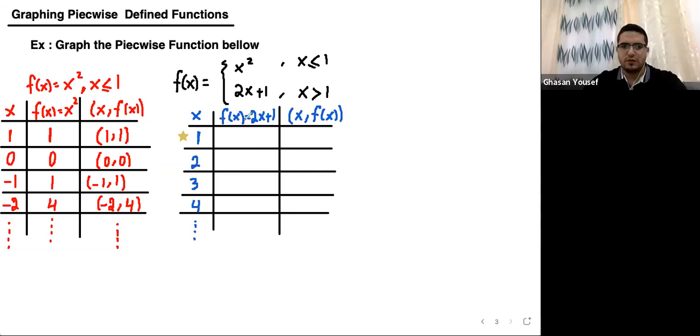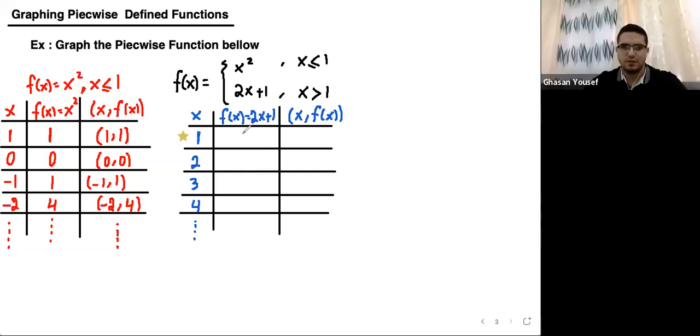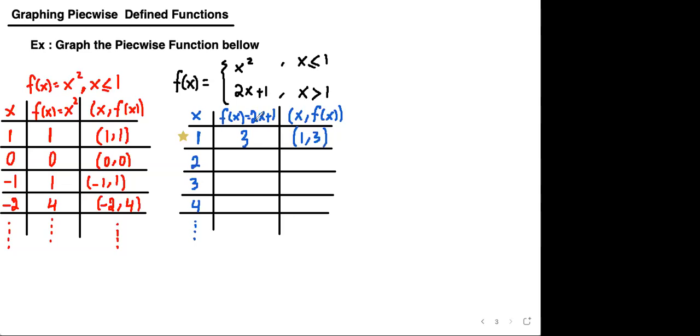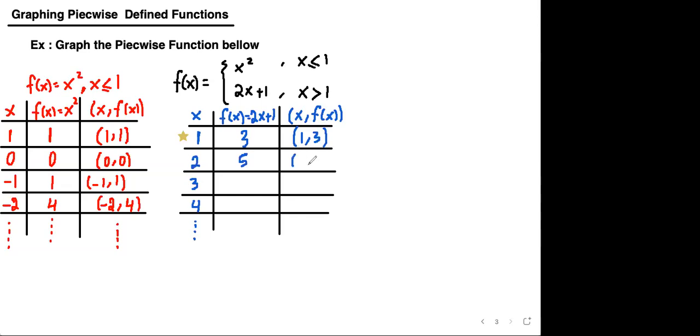Now, what is the value for 1 when I plug it into the function? It's 3, because 2 times 1 is 2, plus 1 is 3. So the point is 1, 3. For 2, 2 times 2 is 4, plus 1 is 5, so 2 and 5.